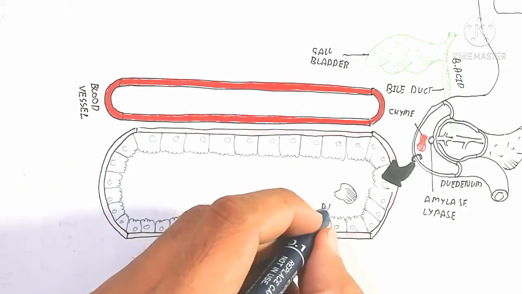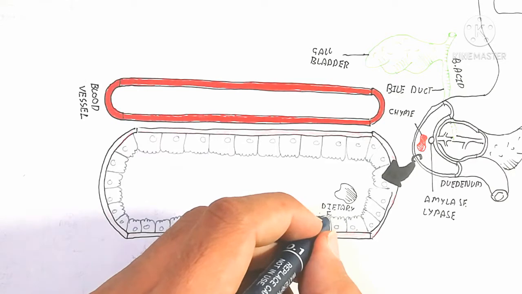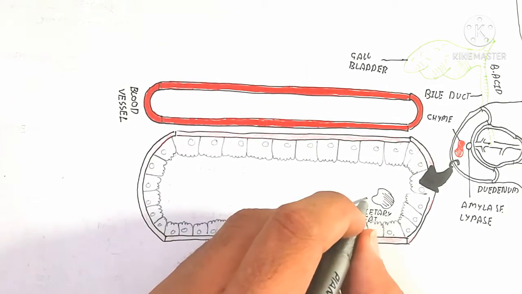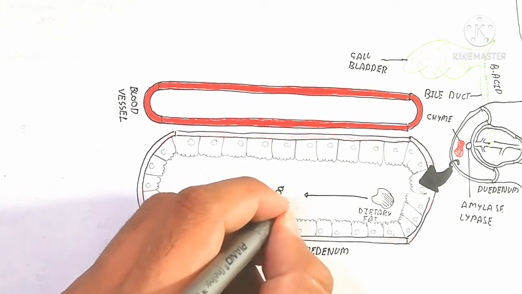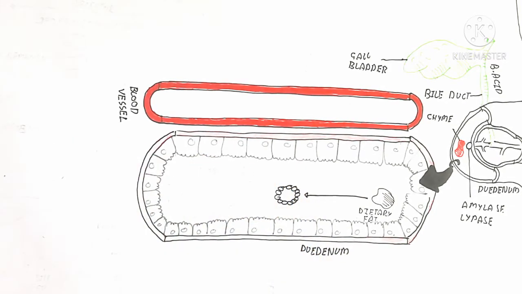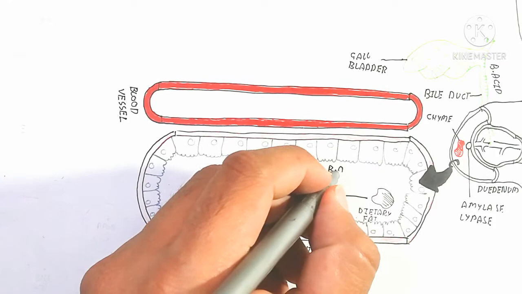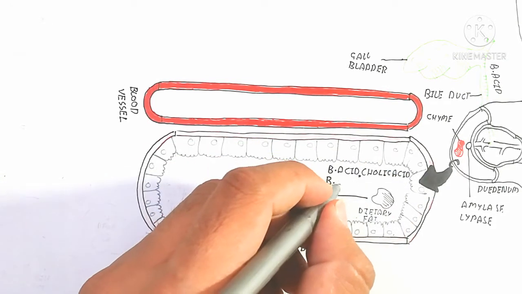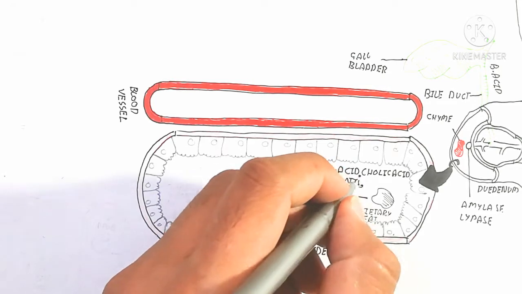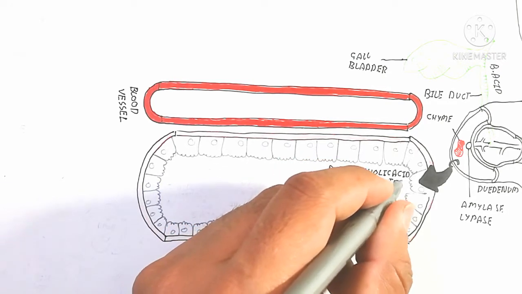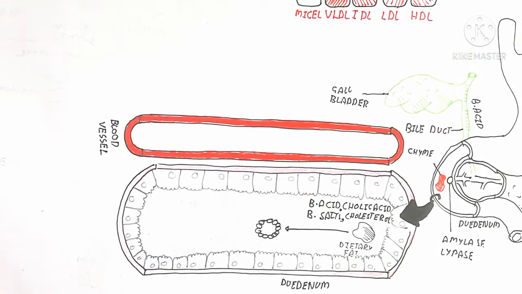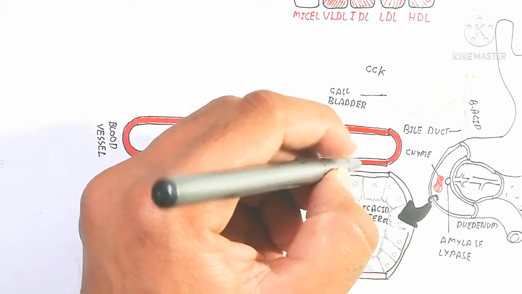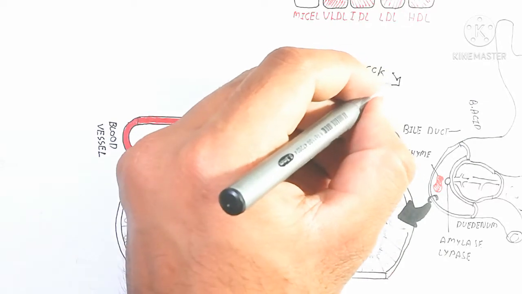Here is the dietary fat. How is it digested and converted into micelle? The bile acid, cholic acid, bile salt and cholesterol are used for the emulsification of fat. This emulsification produces the amphiphilic micelle, which has both hydrophilic and hydrophobic sides, which is why it is known as amphiphilic.